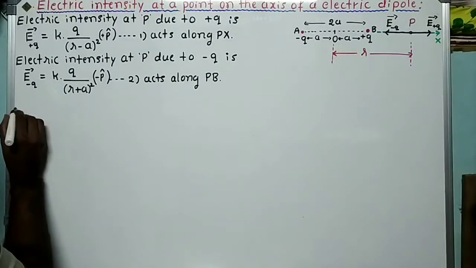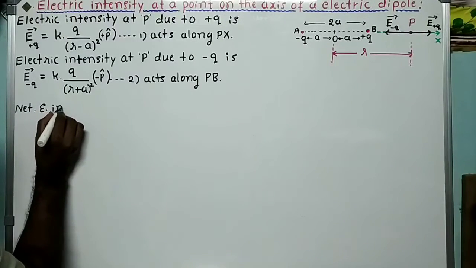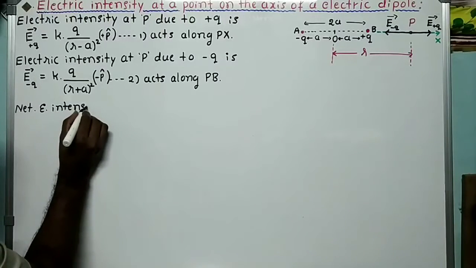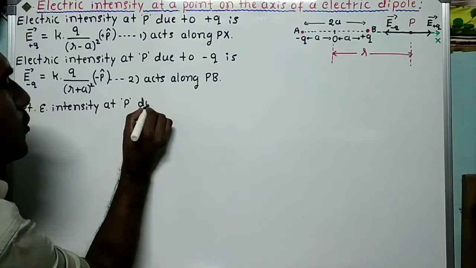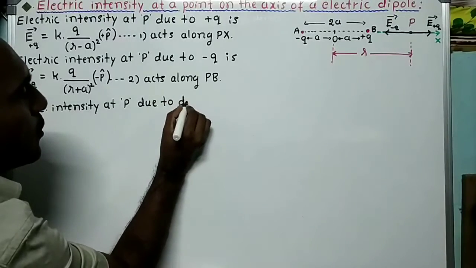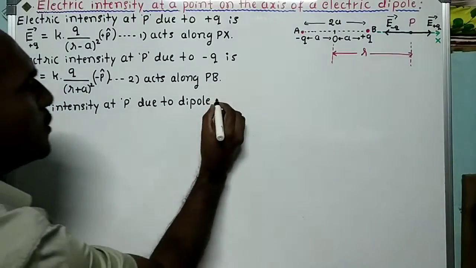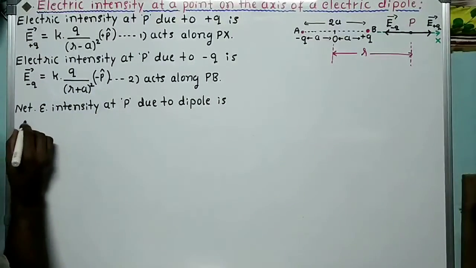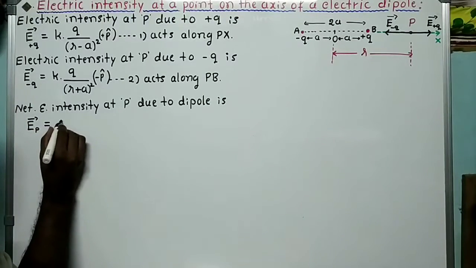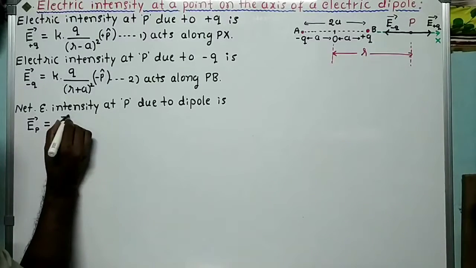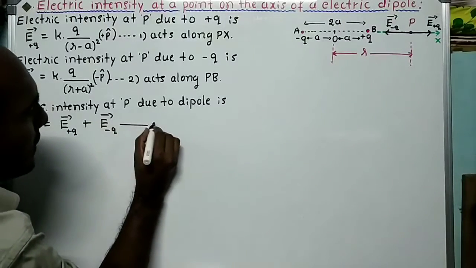Therefore, the net electric intensity at P due to the dipole, meaning due to both the positive charge and the negative charge, is equal to vector EP equals vector E plus Q plus vector E minus Q, called equation 3.